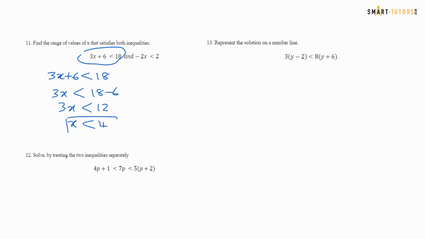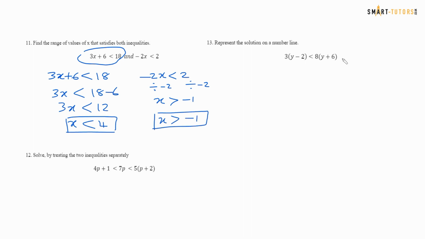So this is one of the answers. And minus 2x less than 2 means you divide by minus 2. I told you in this topic only one theory: when you do negative multiplication or negative division, the inequality sign will change to the other side. So x is greater than 2 divided by 2 is 1, so minus 1. So x greater than minus 1 is another answer.